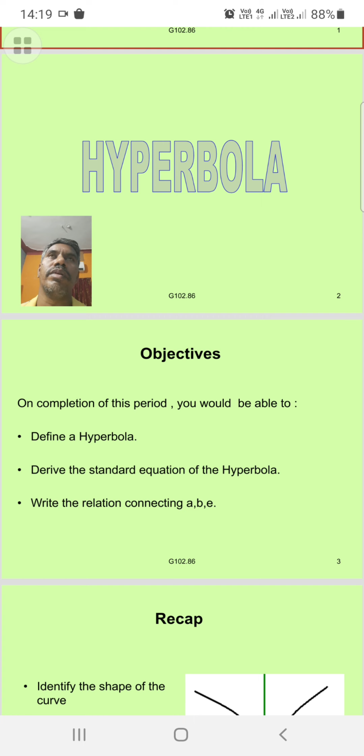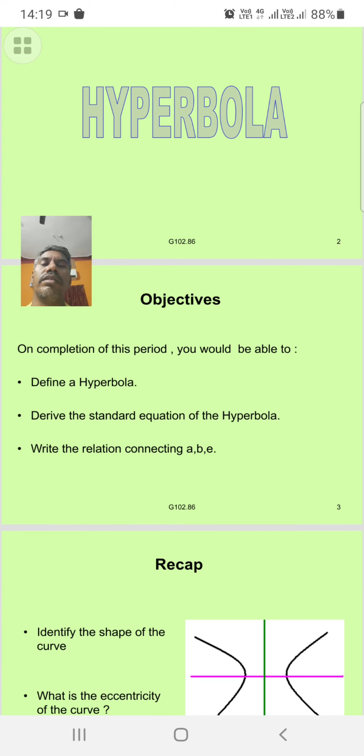And in parabola, we have 8 forms. 4 forms contain its vertex at 0, 0, the origin. The remaining 4 forms contain its vertex at h, k.